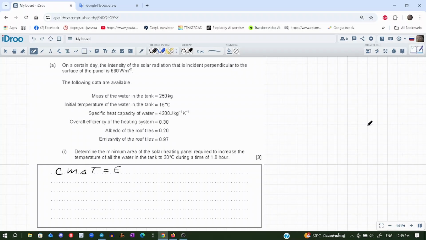But also we know that not all of the energy goes for this. Only how much? The overall efficiency of the heating system is 0.3, 30% only. So I can say that it equals this efficiency times E total.